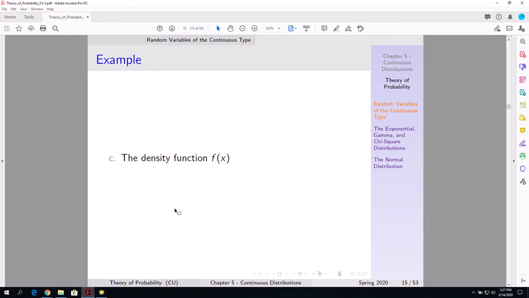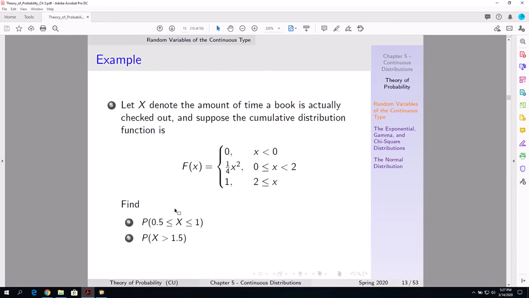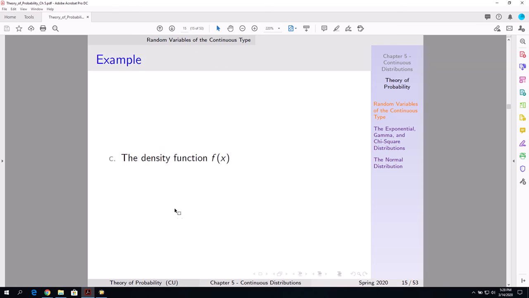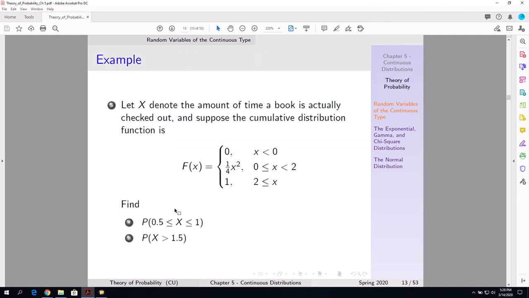So going back to this example back here, what I'm asking for is the density function, little f of x, for this example. What is the density function for this example? Well, how do I get the density from the CDF?